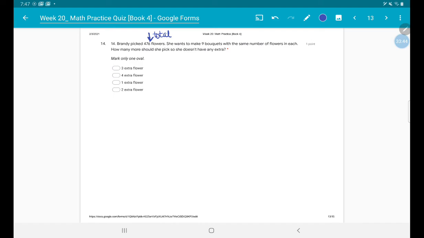And she wants to make 9 bouquets, so that's the number of groups. And she wants to have the same number of flowers, so we know that those have to be equal groups. So I'm going to do 476 divided by 9.